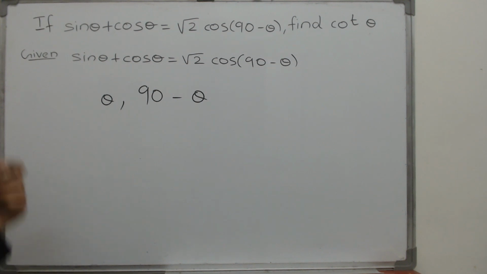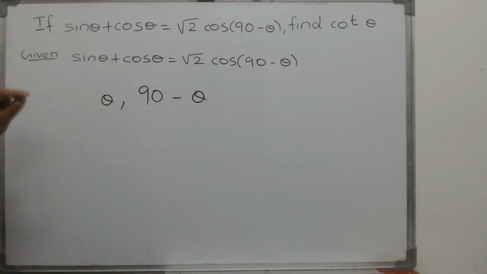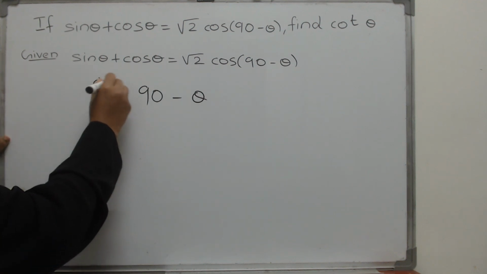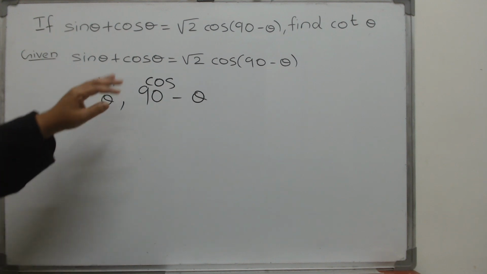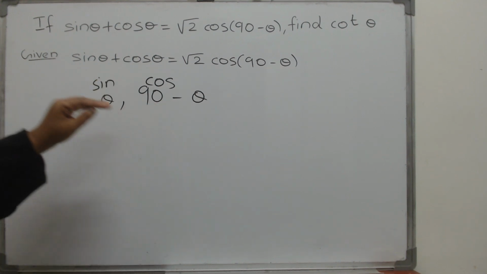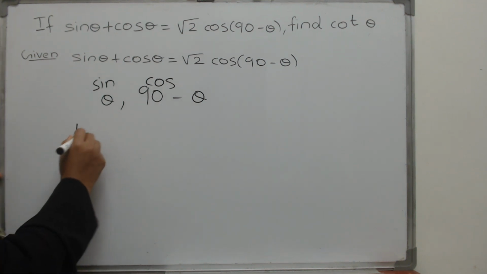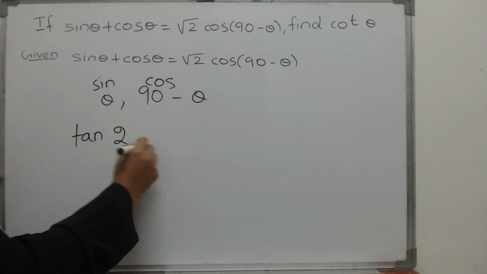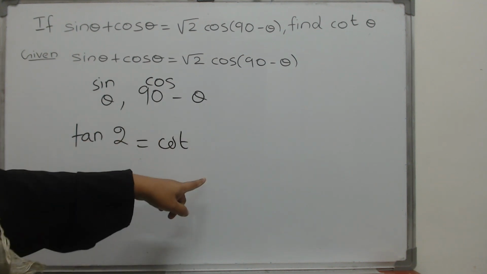Then what is the rule that such angles follow? The cos of any one will be equal to the sine of its complementary angle. Now this is not only for sine and cos, it is the same for tan and cot. The tan value of any angle will be equal to the cot of its complementary angle.